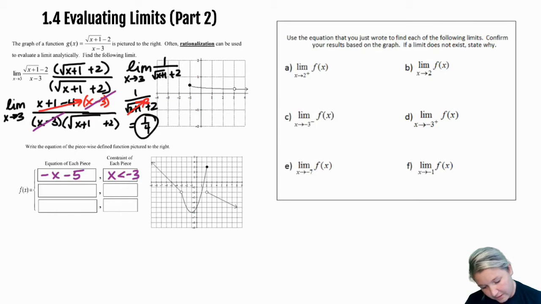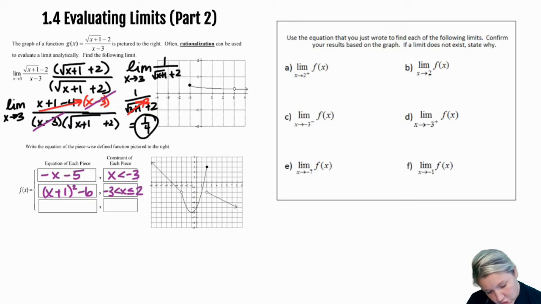That's that line there. Then the parabola piece is x plus 1 squared minus 6, and that goes from -3 is less than x is less than or equal to 2.